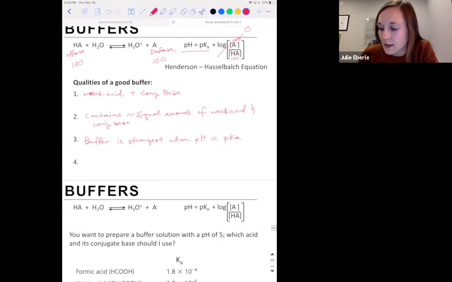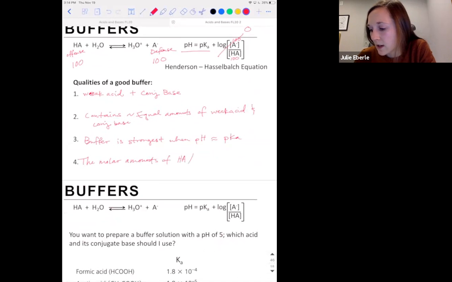And then lastly, another good quality is that the molar amounts of the weak acid, HA, and conjugate base, A minus, are in about 10 times excess.